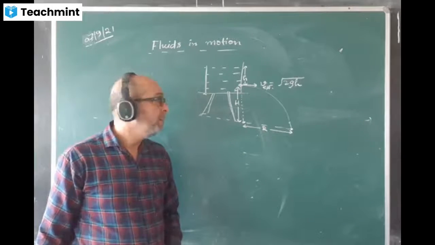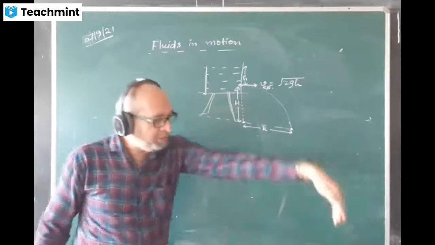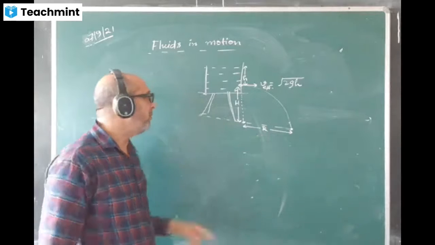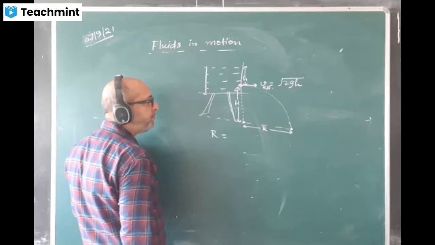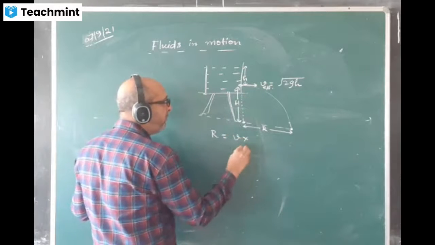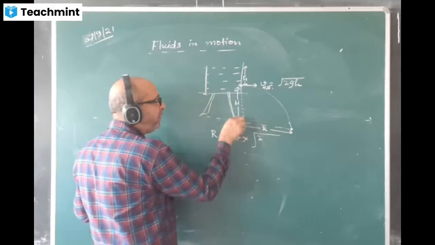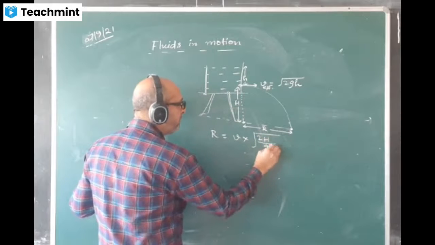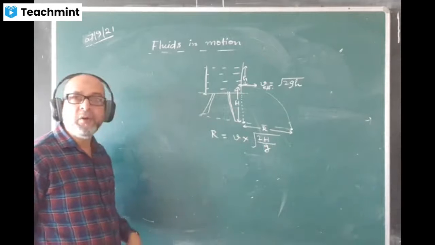If you remember, with a horizontal velocity, when chalk is thrown it falls in a parabolic manner. So how do we find the range? The formula of range is v into square root of 2H by g, where H is the height from which the body is falling.